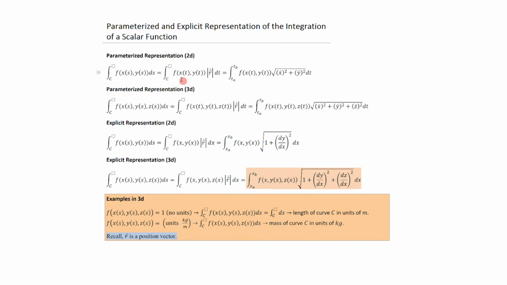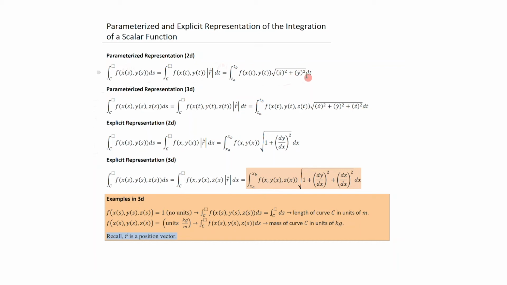And so x will now be in terms of the parameterization variable t, y will be in terms of the parameterization variable t, and ds, we've already computed, will be |r dot| dt. In the 2D case, it's basically this expression.